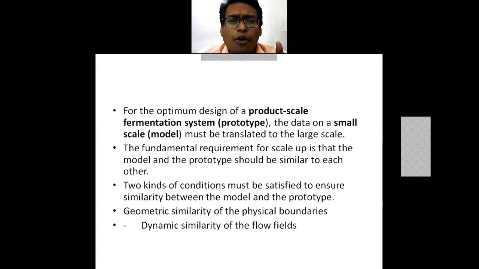So from laboratory scale to pilot scale and then to the industrial scale. So this is the scale up. Sometimes scale down, from industrial scale to the laboratory scale, is also there. But generally it is the scale up that is there.